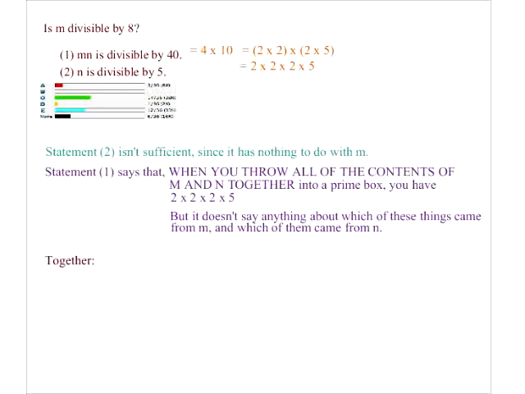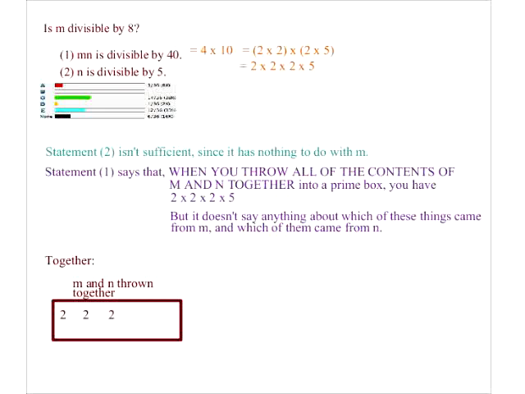So we know that m and n thrown together, this is where the prime box issue makes itself really useful, because doing this with a tree diagram is pretty much impossible. So m and n thrown together contains at least a 2, a 2, a 2, and a 5.